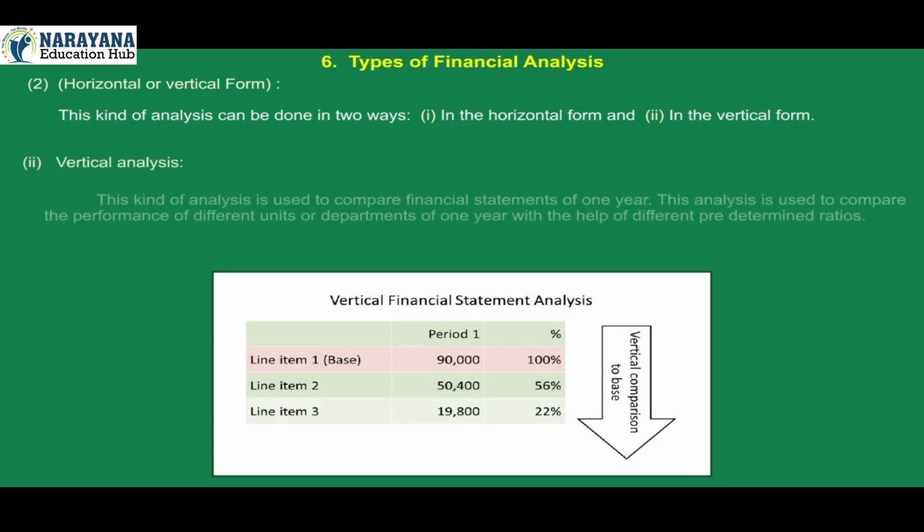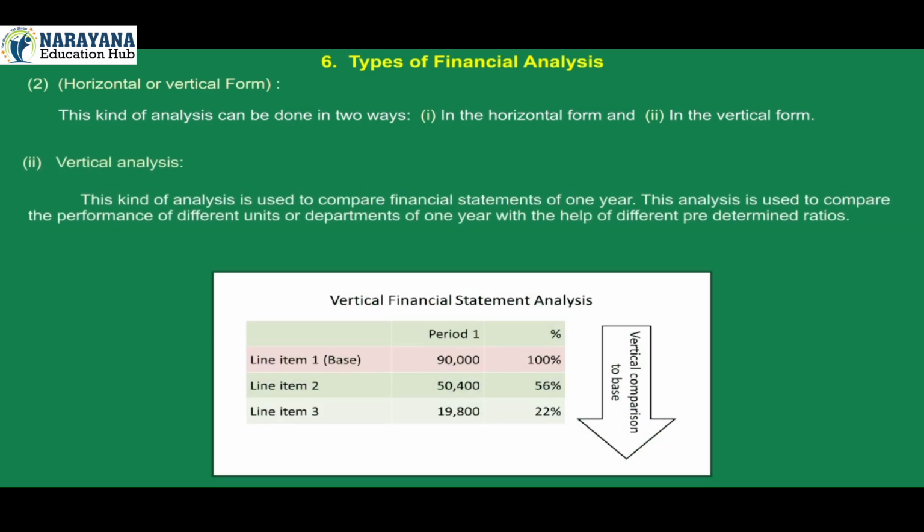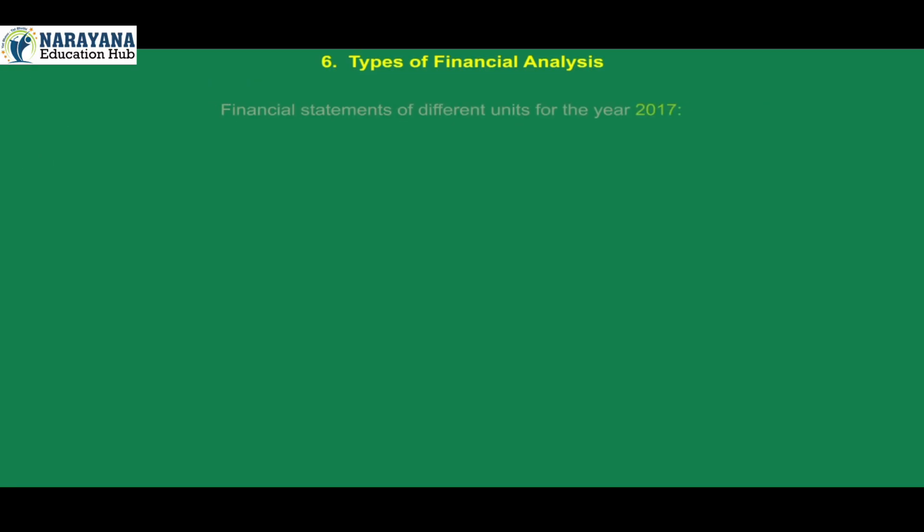2. Vertical analysis. This kind of analysis is used to compare financial statements of one year. This analysis is used to compare the performance of different units or departments of one year with the help of different predetermined ratios.